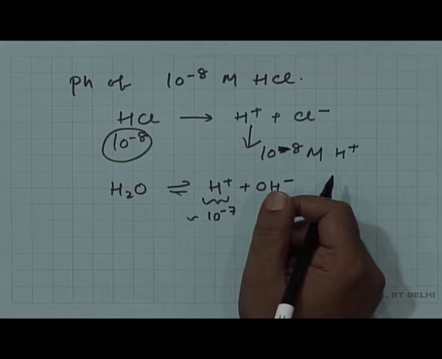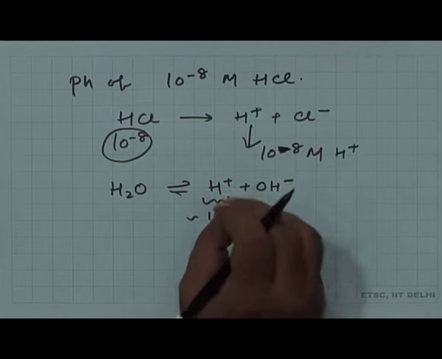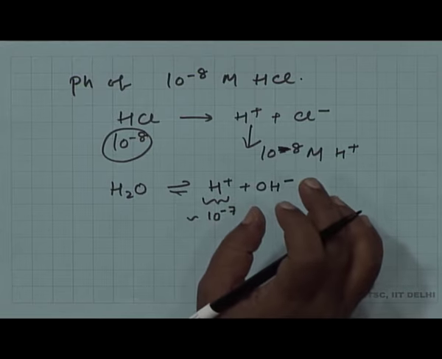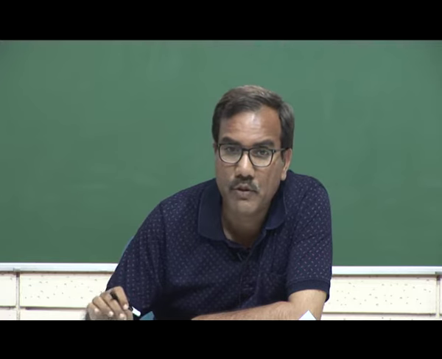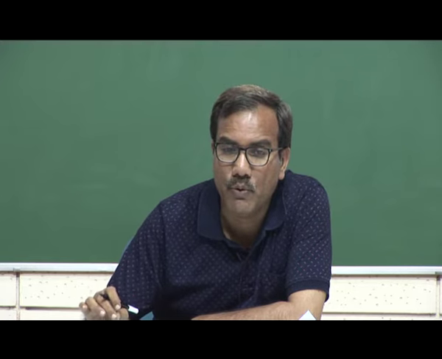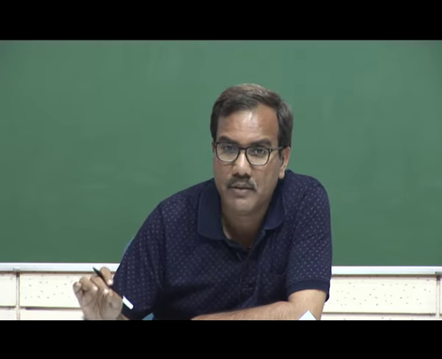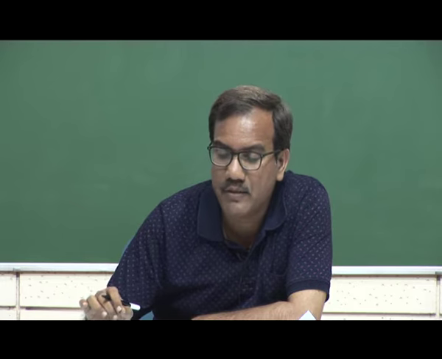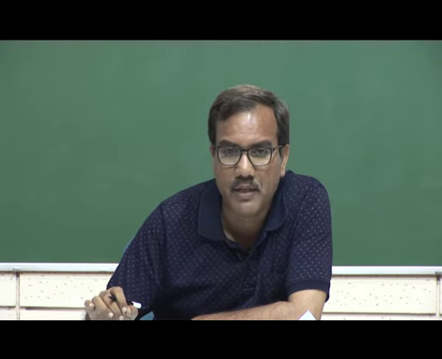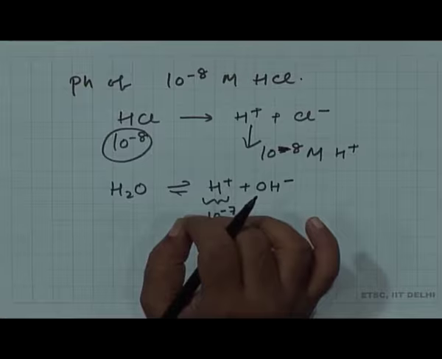So, in this case H2O will contribute to the pH, or the contribution of H plus from H2O will not be negligible. In this case, we must add H plus from HCl and H plus from H2O.